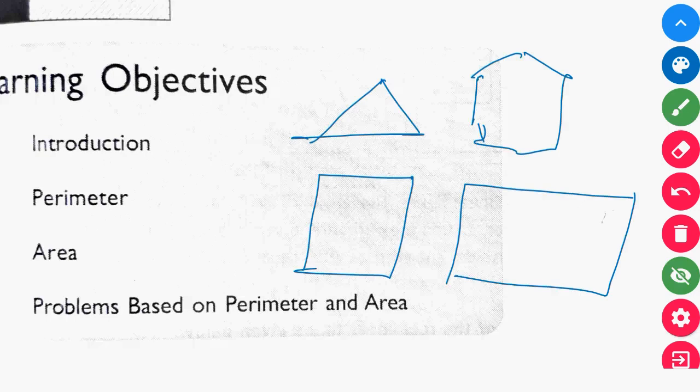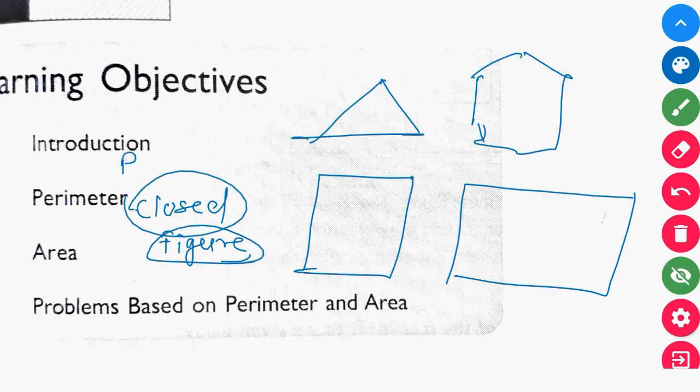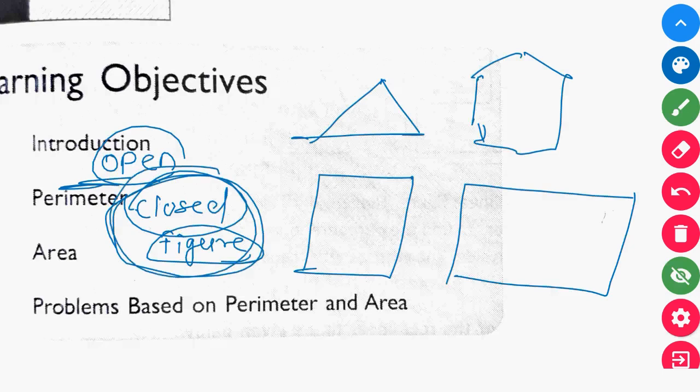hexagon, and all. Now here, while talking about perimeter, we always consider the closed figure, closed shape. We learn in the last chapter about closed and open geometrical shapes. So we are not calculating the perimeter of open figures. We are calculating the perimeter of closed figures only, which are made up of line segments and angular portions, angles.